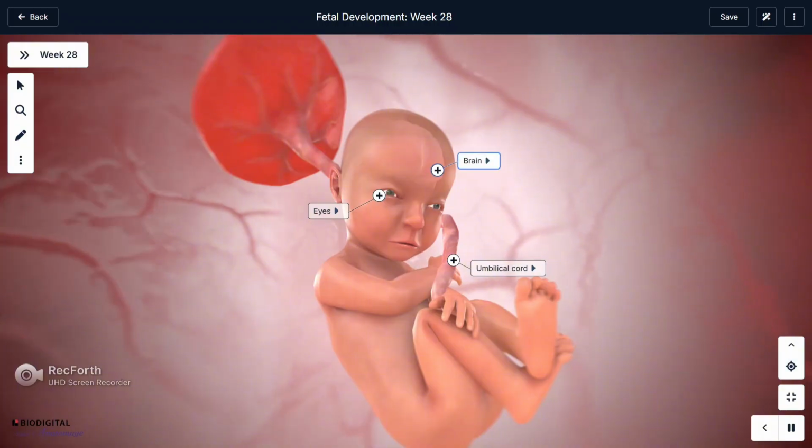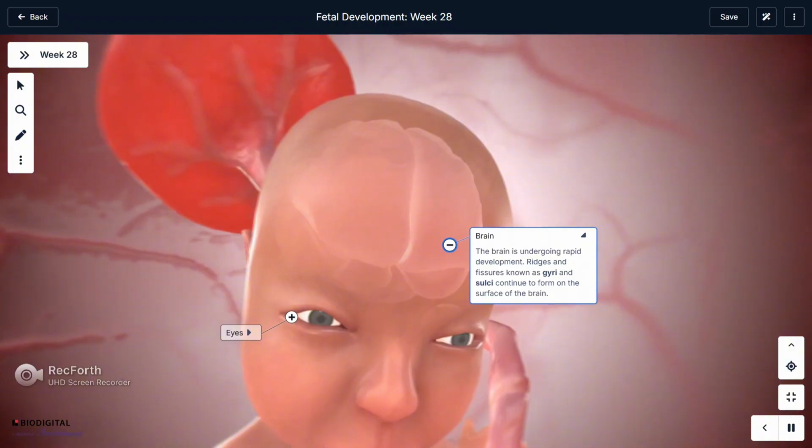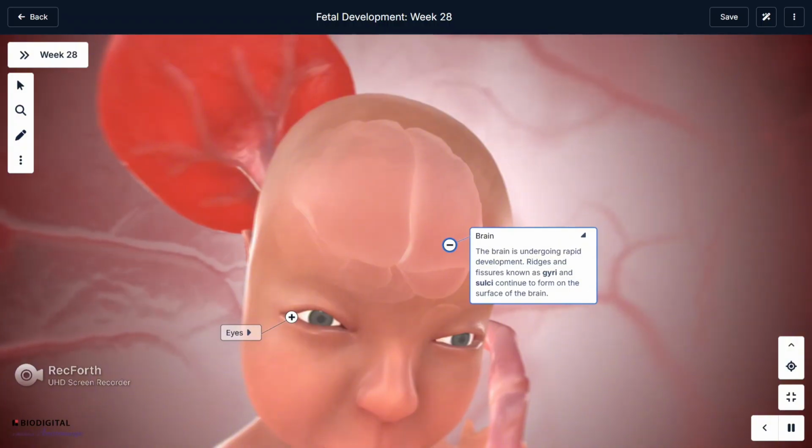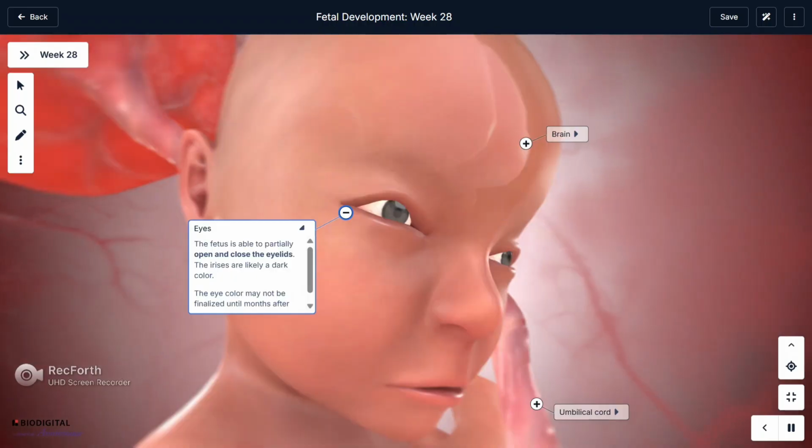And by week 28, the brain is undergoing rapid development. Ridges and fissures known as gyri and sulci continue to form on the surface of the brain. The fetus is able to partially open and close the eyelids. The irises are likely a dark color.